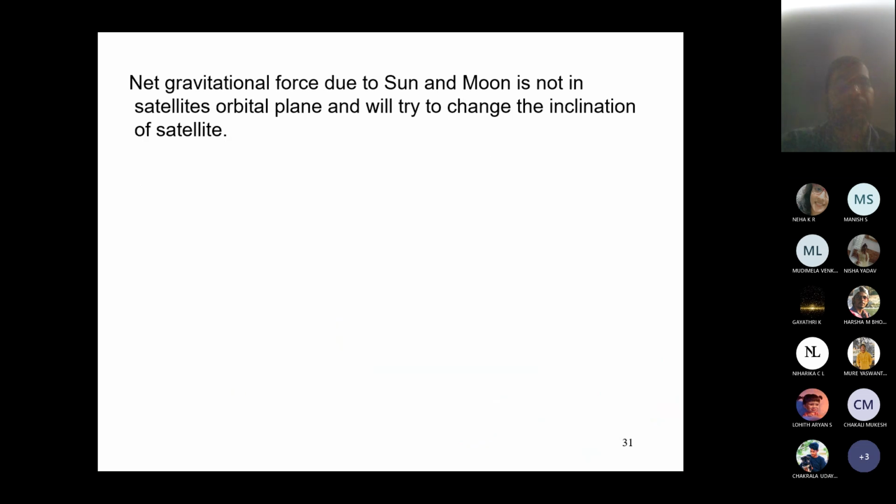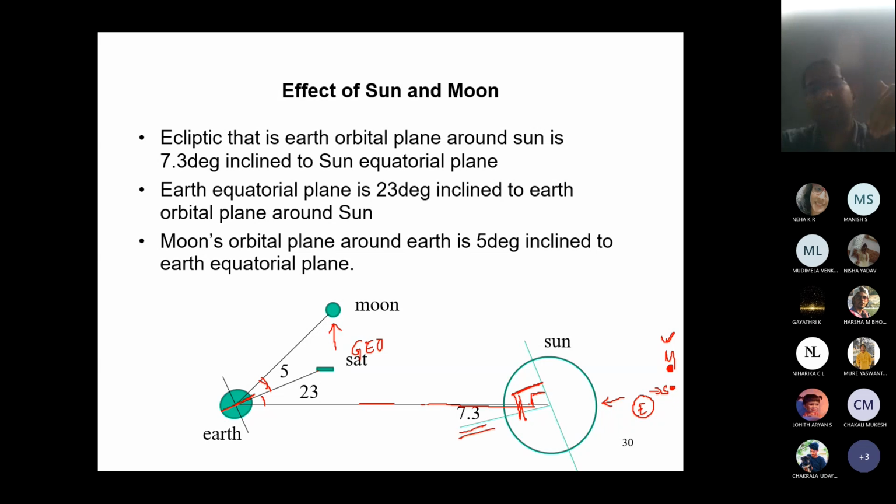That is why the net gravitational force due to sun and moon is not in the satellite's orbital plane, and it will try to change the inclination of the satellite. So that will make a change of inclination of the satellite.